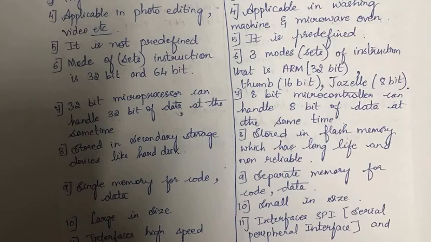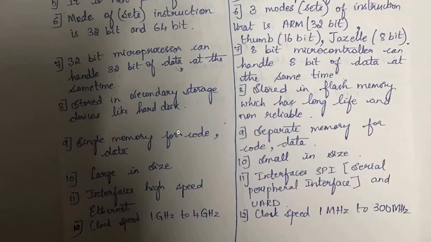Then, we know that in a program we have two kinds of instructions: one is code, one more is data. A single memory will be used for code and data in microprocessor, whereas in microcontroller we use separate memory for code and separate memory for data.